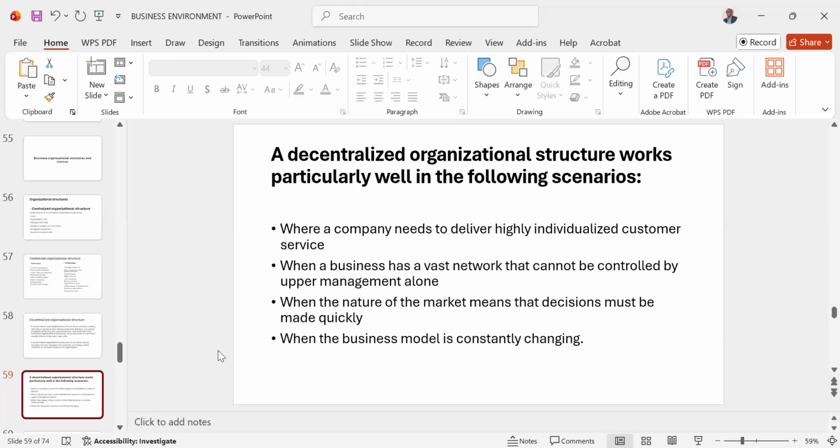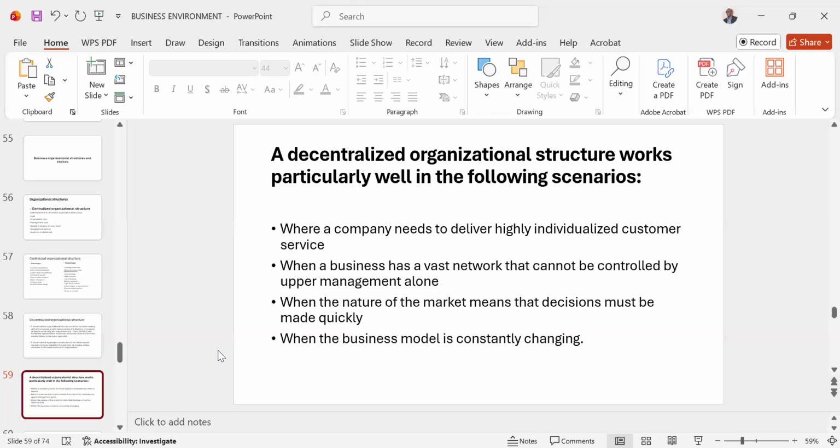So that's another scenario. Another one is when the nature of the market means that the decision must be made quickly. When you need to quickly make decision to improve the market or the marketing strategy in that organization. For example, you've gone to the field and your marketers came back and they gave the report.